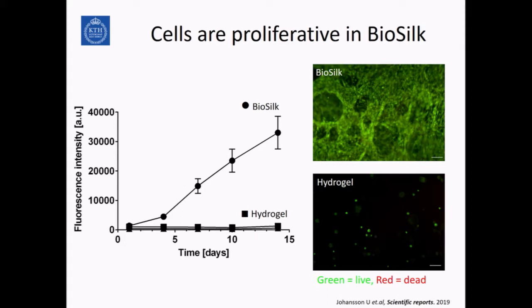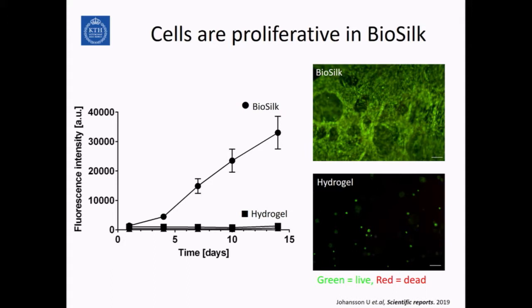And a little bit to our surprise, the results are very different. The upper curve here is the growth curve for cells grown in Biosilk, and the lower one is the growth curve in this hydrogel. And these pictures are live-dead stainings of cells after 2 weeks in the Biosilk above and hydrogel below.